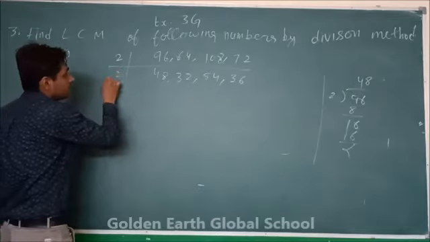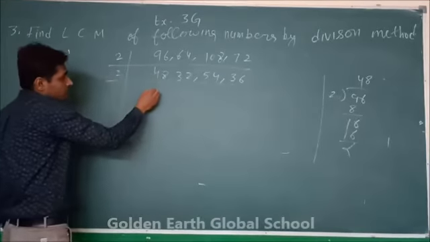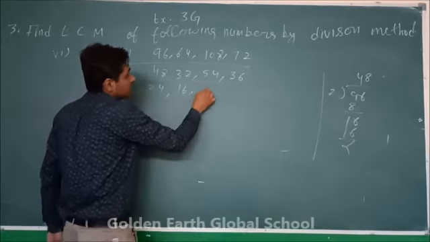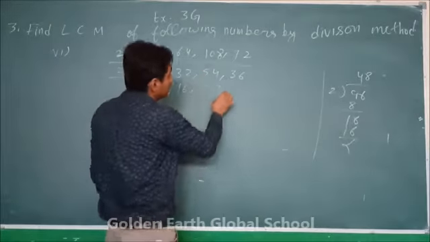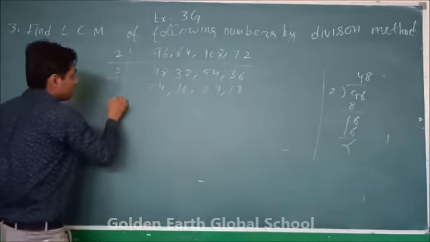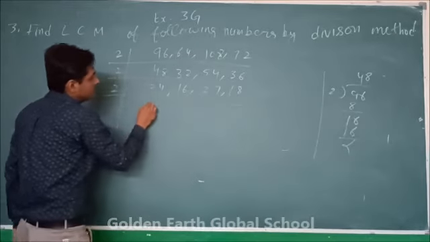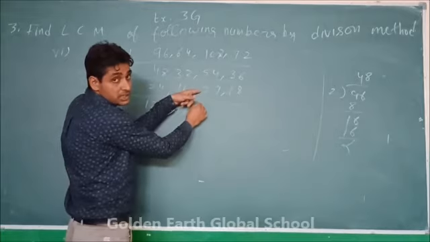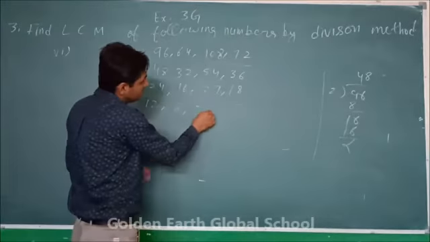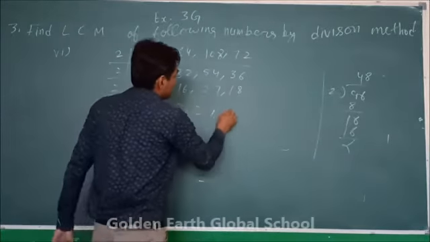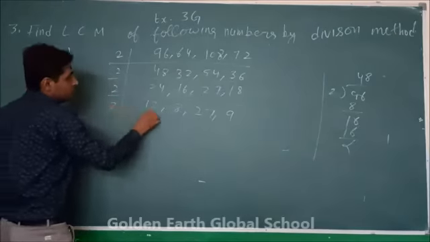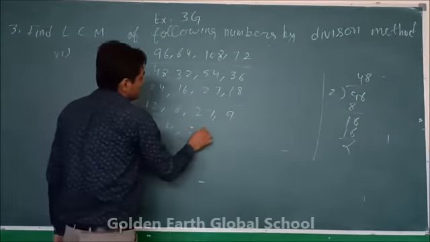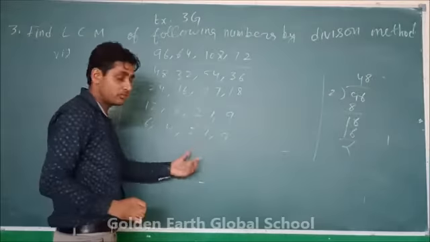Okay, then again divide with 2. So 2 24 is 2 16 is 2 27 is 54, 2 18 is 36. Okay, again divide with 2. So 12 8 26 27 cannot divide, so it write like that. 2 9 is 18. Okay, again divide by 2. 6 4 27 and 9 cannot divide.